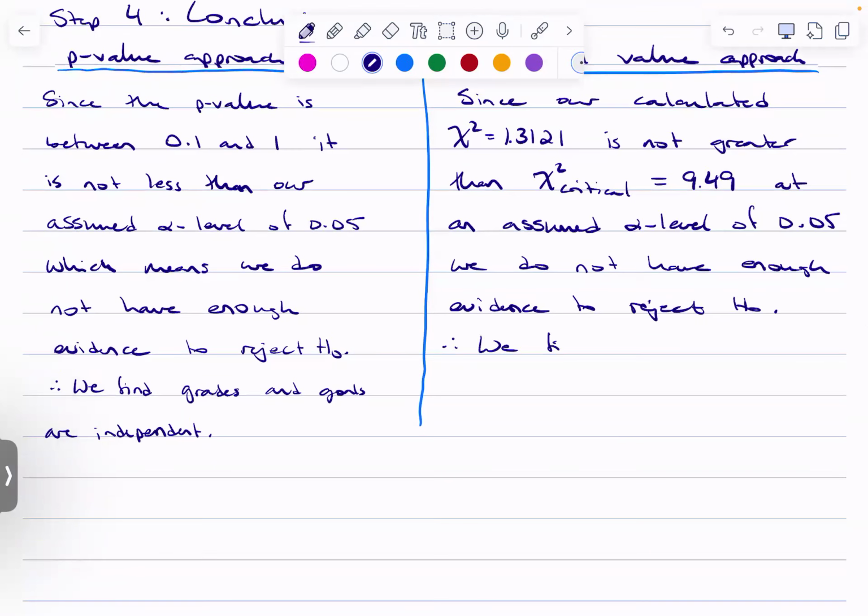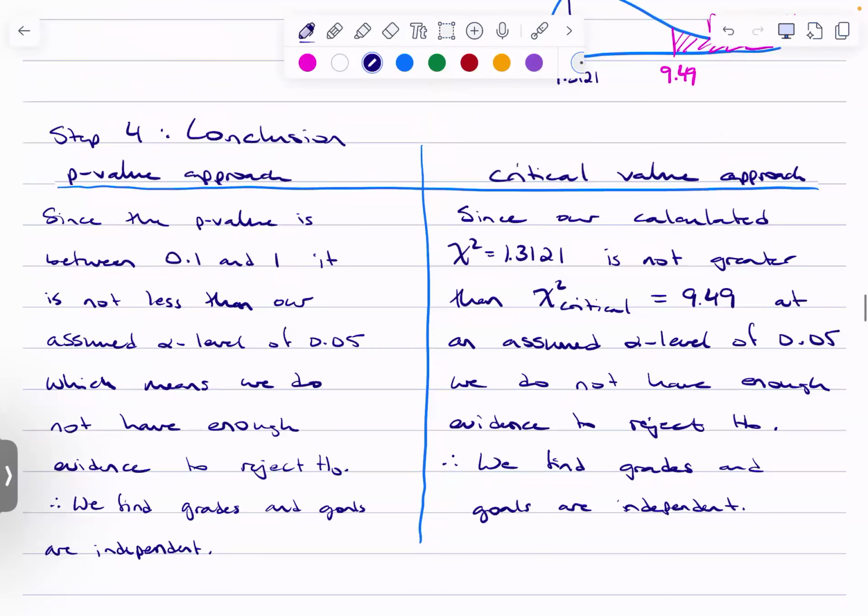Therefore, we find grades and goals are independent. Same conclusion, of course.